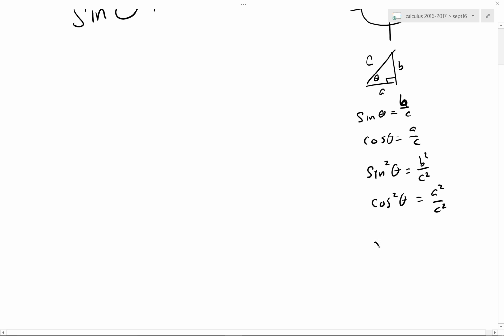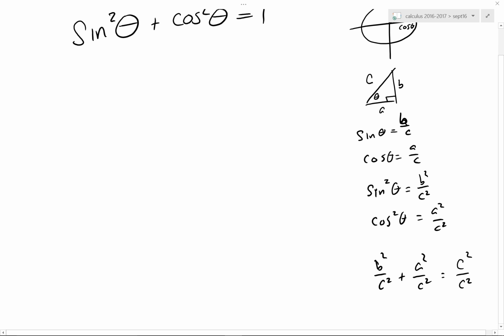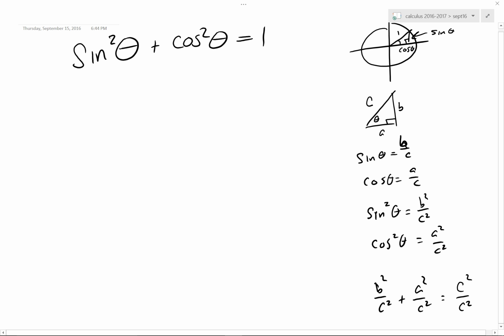If you have b squared over c squared plus a squared over c squared, you really want to say that's equal to c squared, but it's not. It's c squared over c squared. In other words, what I've done here is I had a squared plus b squared is c squared, and all I've done is divide everybody through by c squared. And as you know, that is the cardinal rule of algebra: whatever thou doest to one side, thou must also doest to the other side.